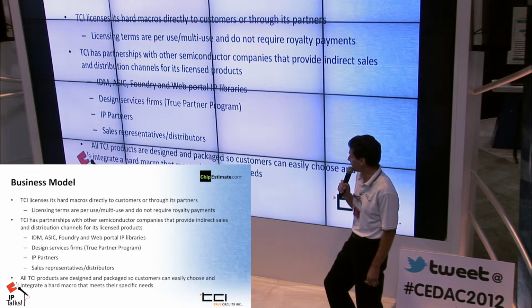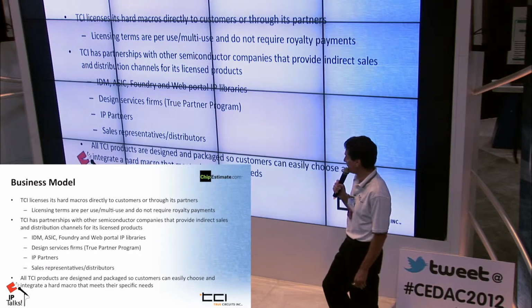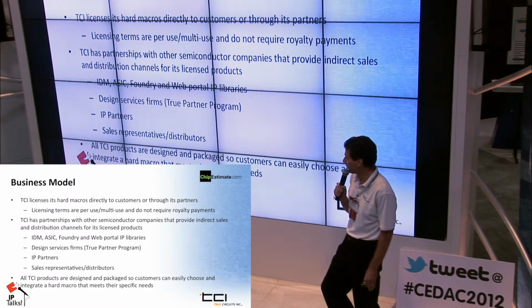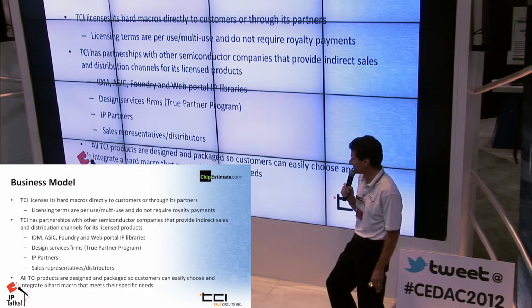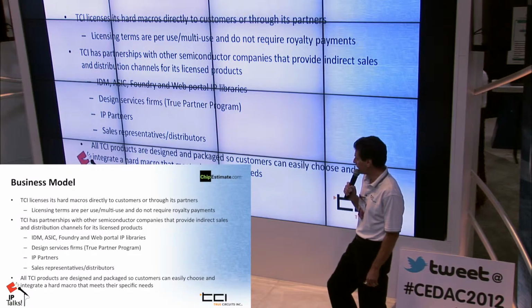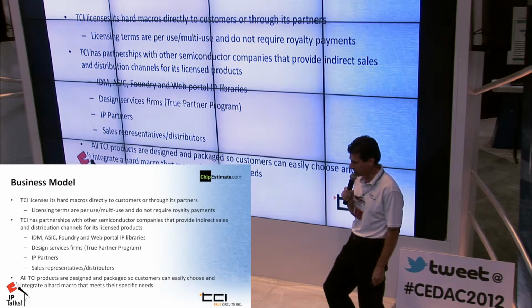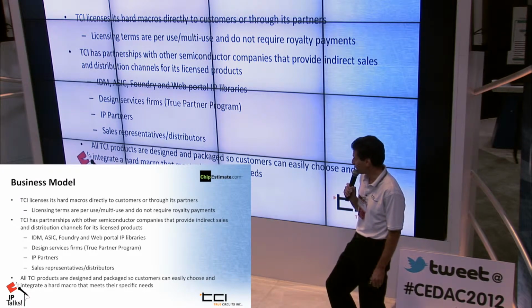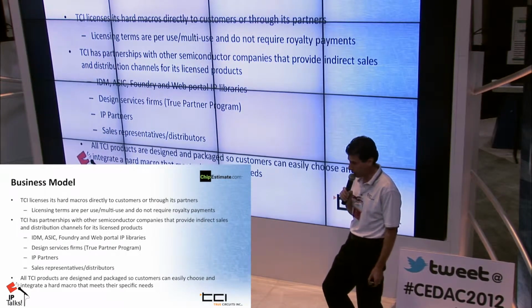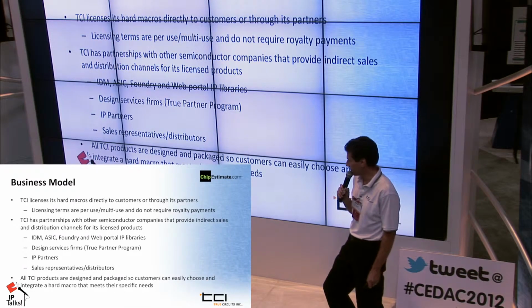We have partnerships with a lot of semiconductor companies that provide direct or indirect sales channels for our IP. We work with a number of IDMs, ASIC foundries, and web portal IP libraries like ChipEstimate. And we also work with design service firms like eSilicon, GUC, and others through our True Partner program. We also work with other IP providers and a number of sales reps and distributors around the world.